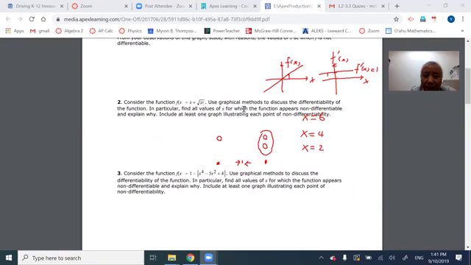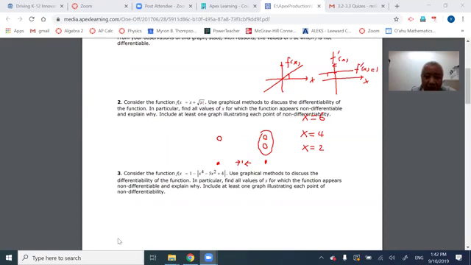Use graphical methods to discuss the differentiability of the function. In particular, find all the values of x for which the function appears non-differentiable and explain why. Include at least one graph illustrating each point of non-differentiability. Okay, let's do this one here.